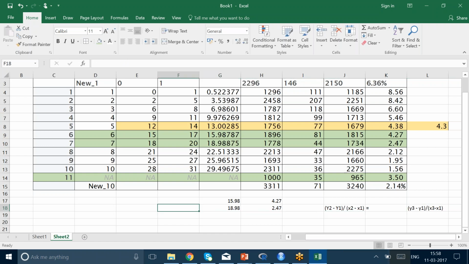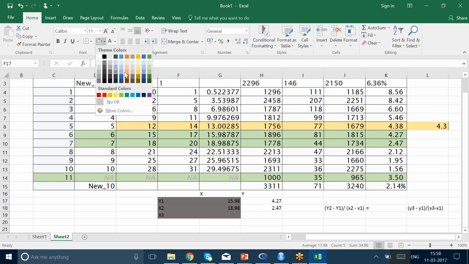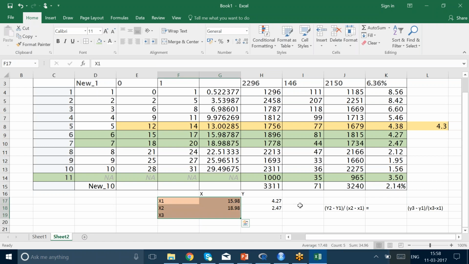What is y and x? This is x, this is y, this is x1, this is x2, this is x3, this basically. This is y1, this is y2, this is y3.